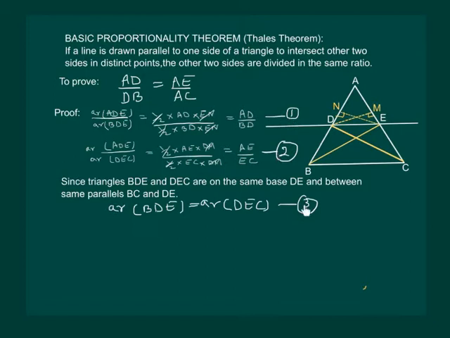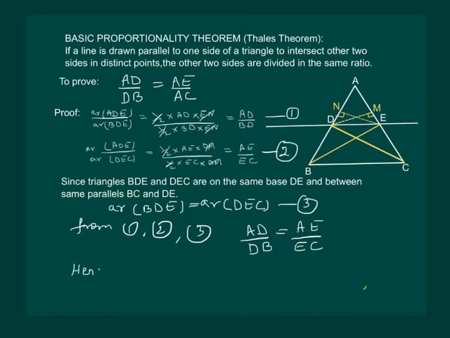From the first, second and third, if we substitute area of DEC equal to area of BDE, we get left hand sides equal, so we get right hand side also equal. We have AD by DB is equal to AE by EC. So hence we have proved the basic proportionality theorem.